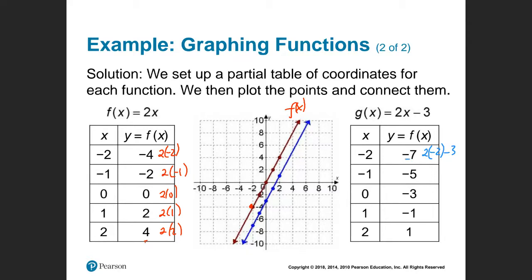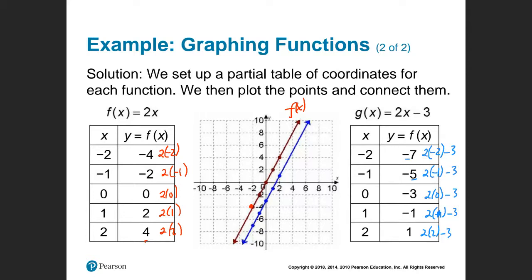The answer is negative 7. 2 times negative 1 minus 3: 2 times negative 1 is negative 2, minus 3 is negative 5. 2 times 0 minus 3, the answer is negative 3. 2 times 1 minus 3, the answer is negative 1. After that, 2 times 2 minus 3. The answer is 4 minus 3, which is 1.